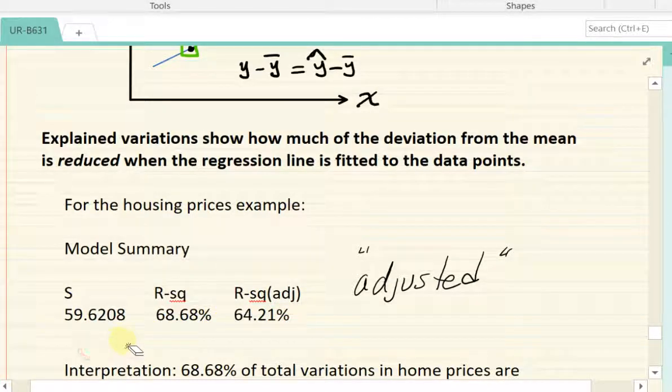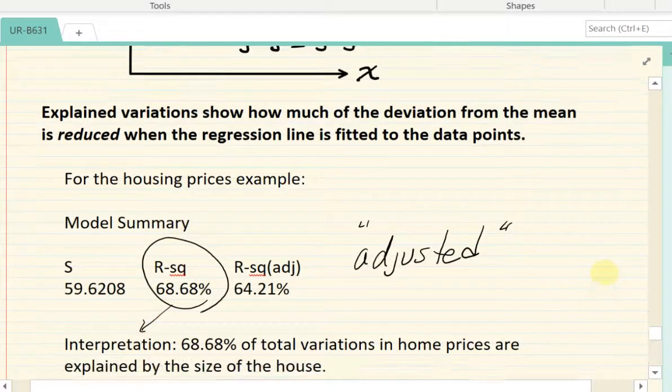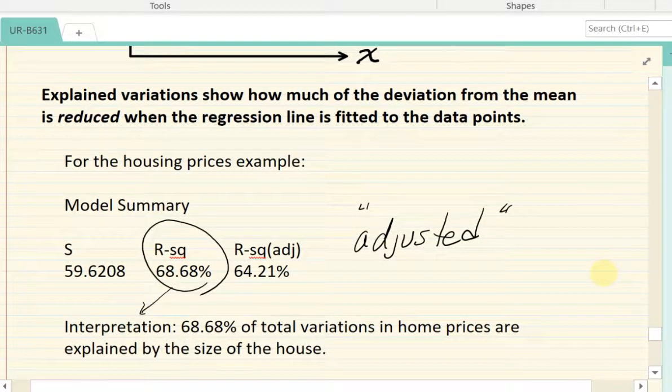Okay, so let's continue on. Remember we were talking about the coefficient of determination, R squared. So what is the interpretation of this? Remember, R squared is a percentage.